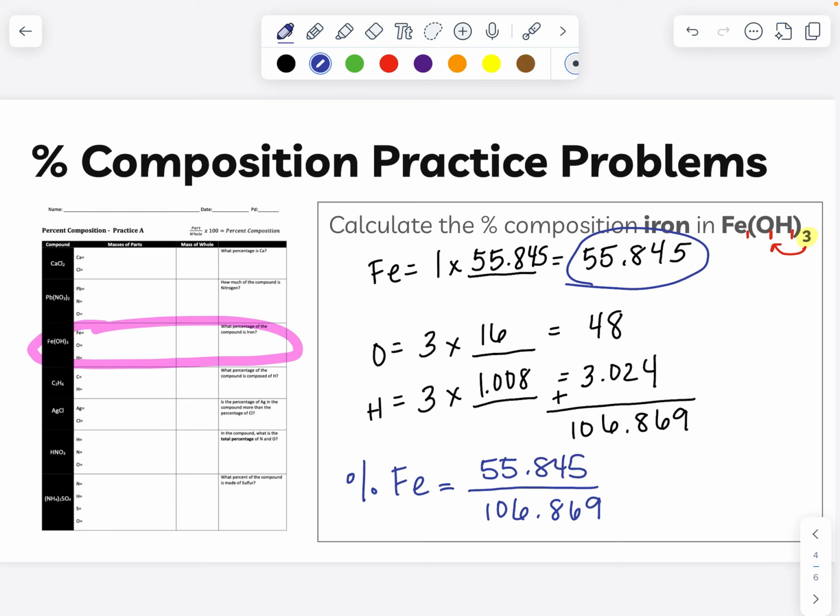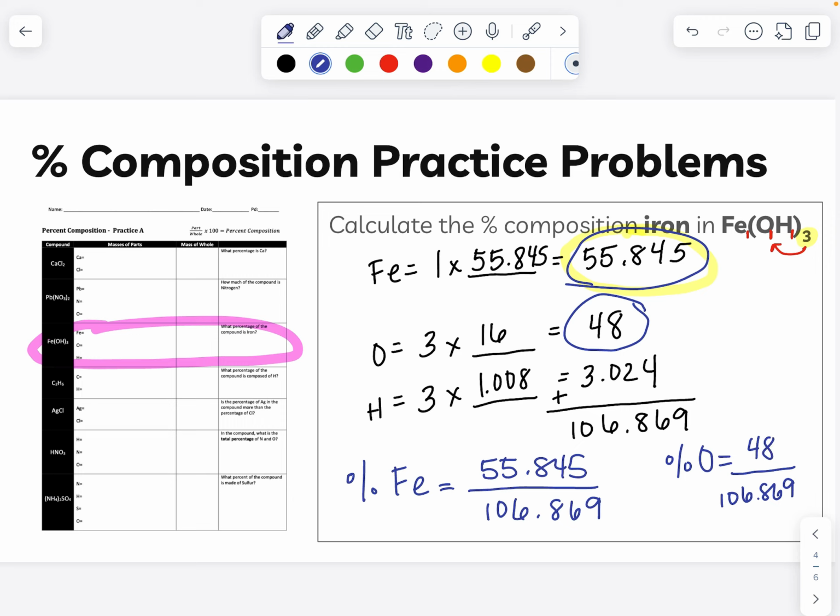So I'm always taking the final number that I have for that element. If I had asked for percent oxygen, let's just pretend, I do the same thing. I have my total, which is 106, but then I would need to take the total oxygen, which is 48.